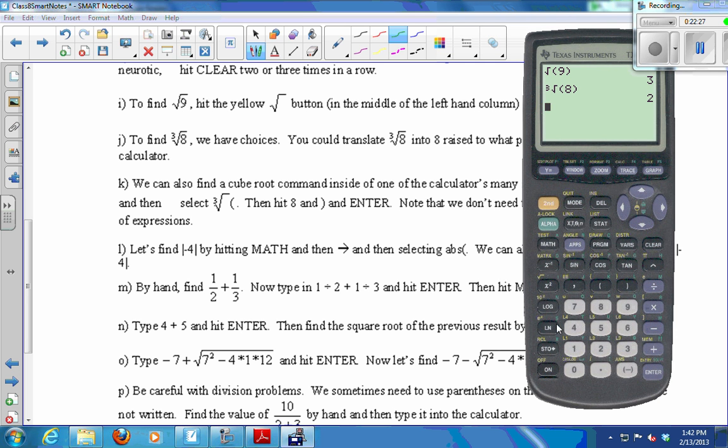The other way to do it, just like with squaring, there's a special button, but there's also the general button. I'm going to do it the general way. So if I want to take a cube root, I would type 3 first, 3 for cube root. Then go to the math menu and choose option 5, the xth root. And then type in parentheses 8 and hit enter, and it will give you the cube root also.